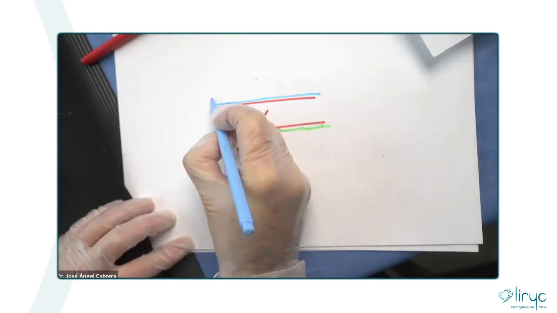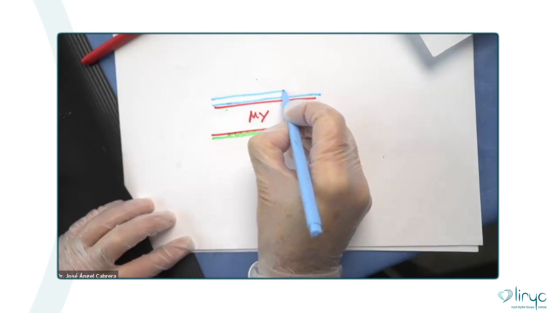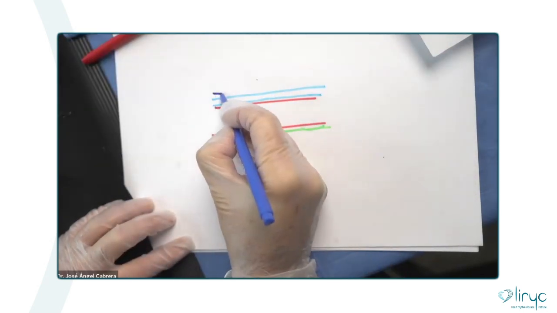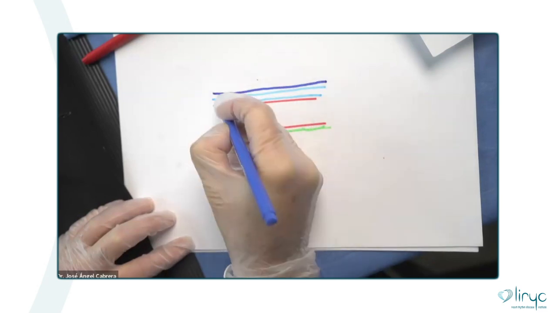You have the serous pericardium, one layer here, the second layer, and this is the fibrous pericardium.